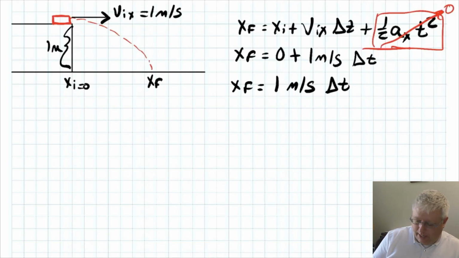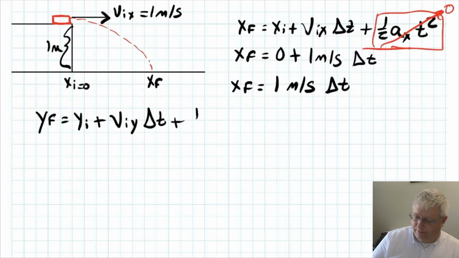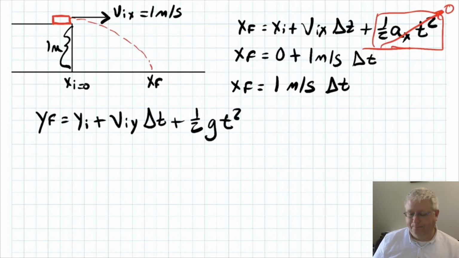Well, if we look at the constant acceleration model for free fall, we see that the final position is the initial position plus the initial velocity in the y direction times the time interval plus 1/2 the acceleration in the y, right? And that's always just g, right? Gravity. So we'll just put g in there right away, times the time squared.